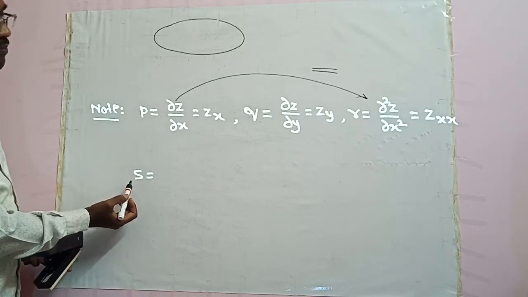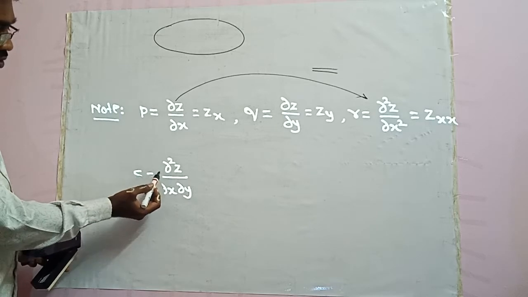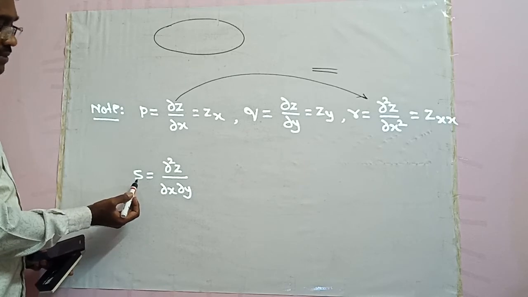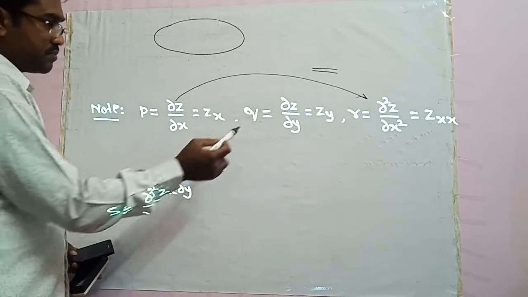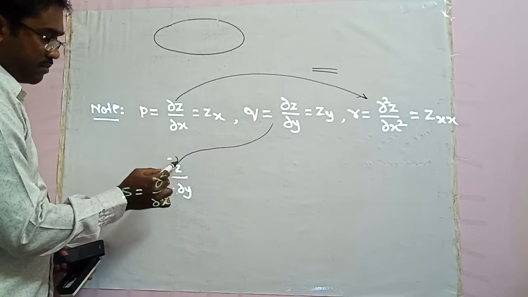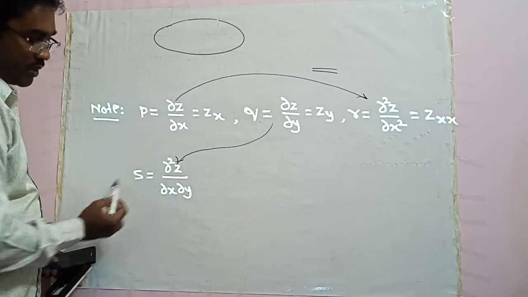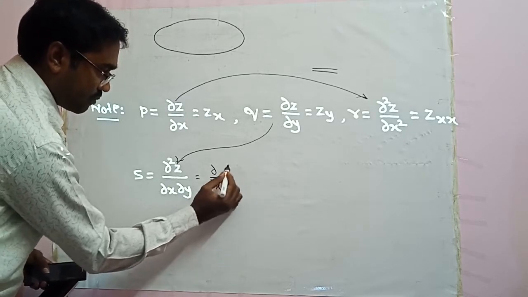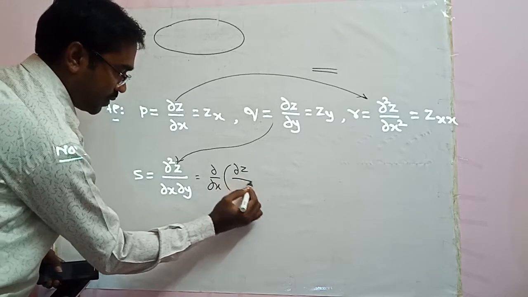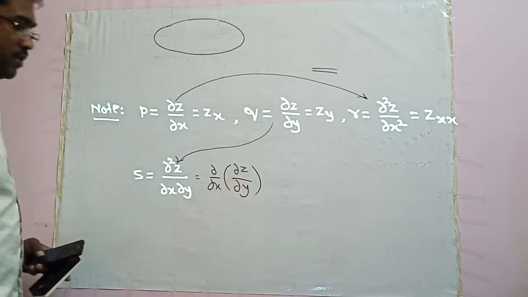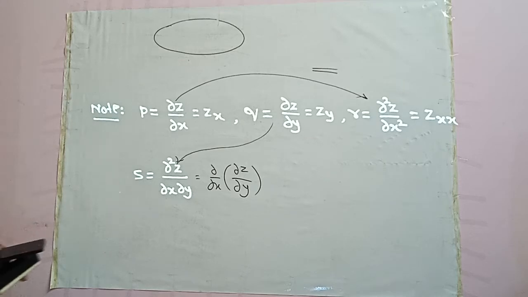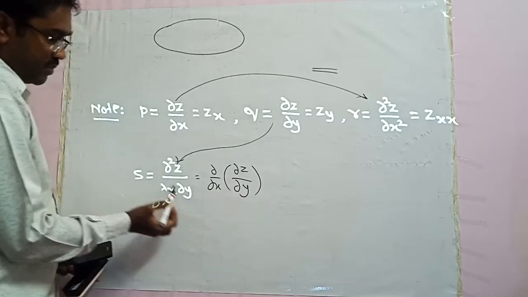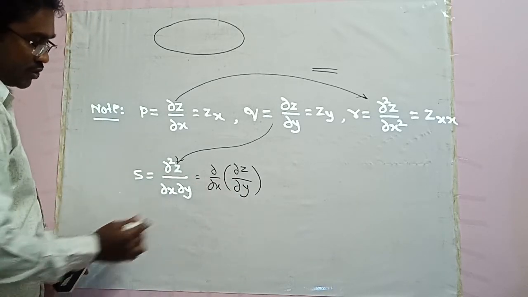And what do we mean by s? ∂²z/∂x∂y is called s. If you differentiate ∂z/∂y again with respect to x, we can write this as ∂/∂x of ∂z/∂y, which is nothing but ∂²z/∂x∂y.